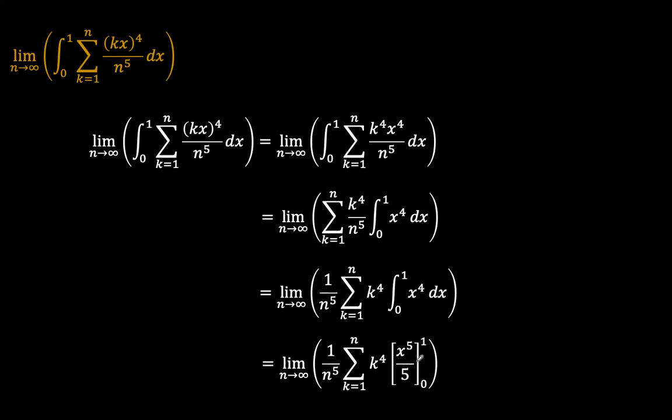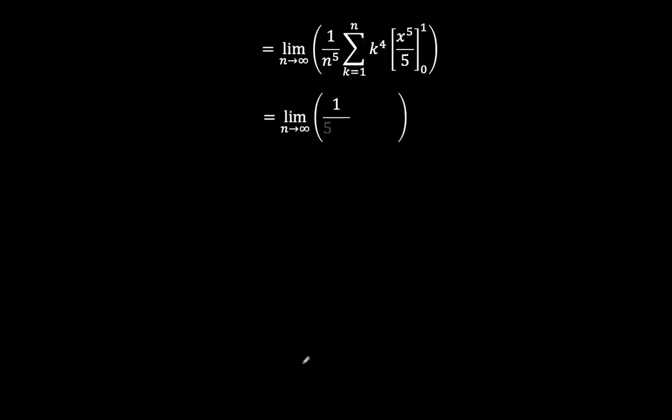When you substitute these limits, we are left with a fifth on the upper limit and 0 on the lower limit. So we have a fifth that we will pull out as a constant. So now we have 1 over 5 n to the power 5 times the summation of k to the power 4.